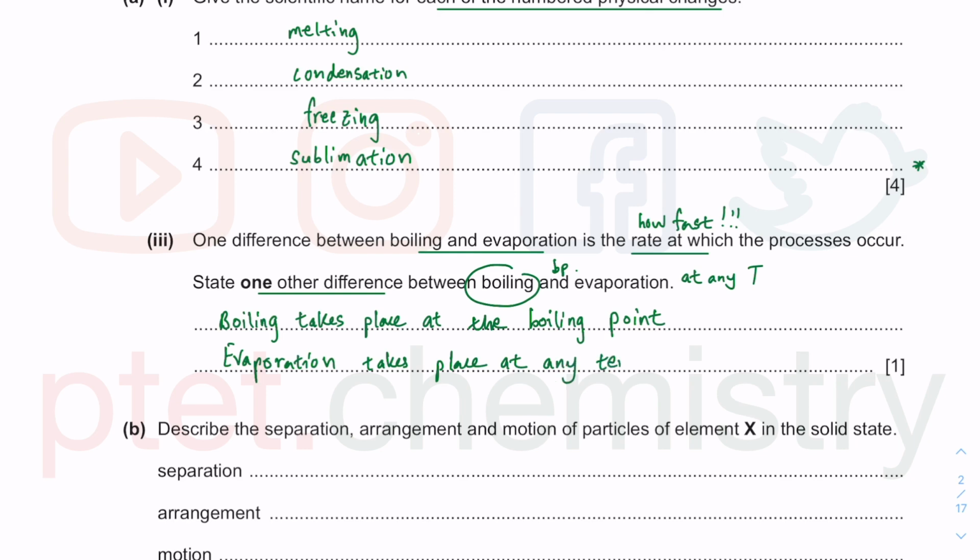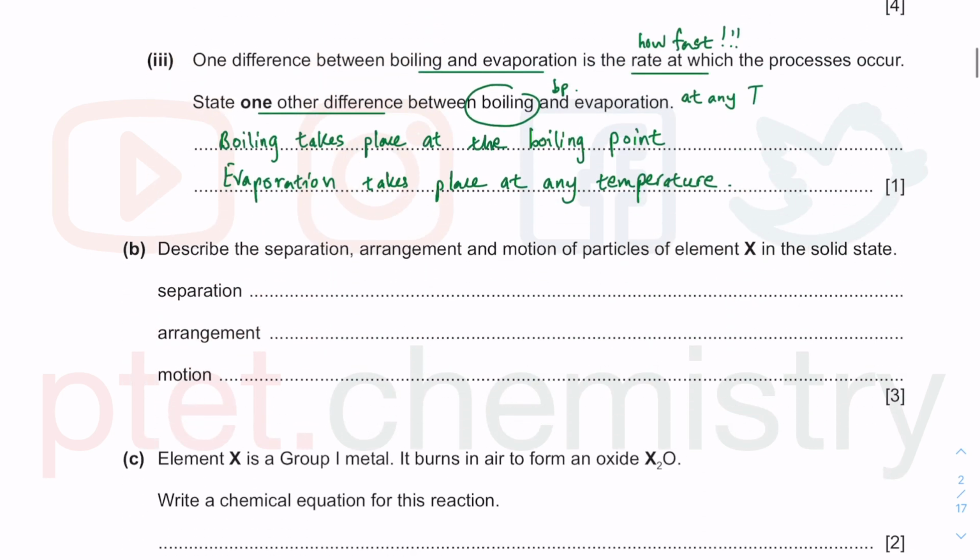So this is a kind of question where you really have to specify details for both of them, because they're not just asking about boiling, they say boiling and evaporation. So we have to really specify how they are different between the two. Remember, you are not writing a marking scheme, you are writing an exam, and therefore your job is to show the examiner you know what you're talking about.